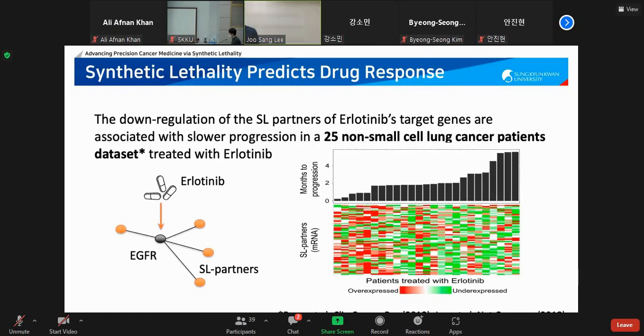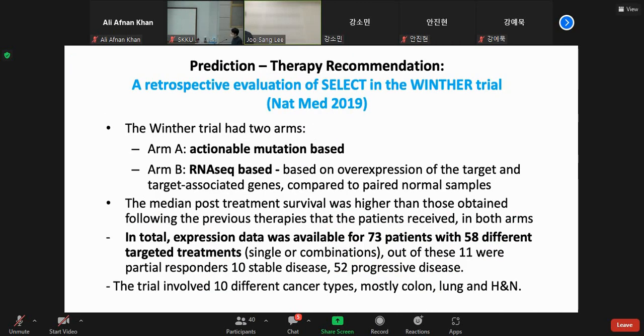So here is the idea. We performed a retrospective analysis of this clinical trial, using the transcriptomics data.